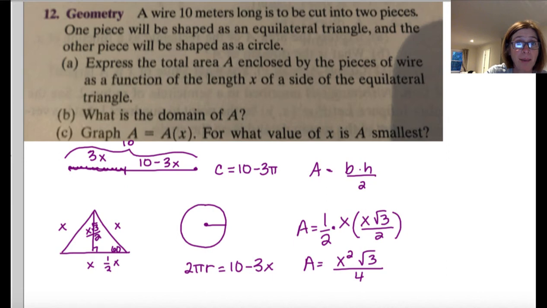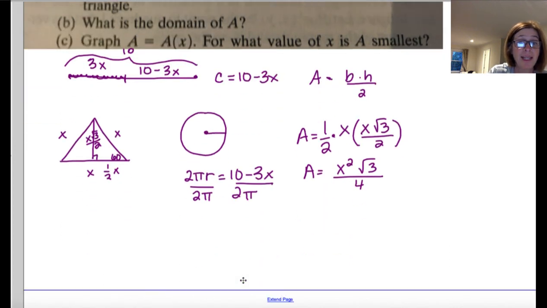Sorry, I wrote pi up here for some reason. Let me erase that. Okay, so I'm going to divide by 2 pi. So my radius, although ugly, is 10 minus 3x all over 2 pi.